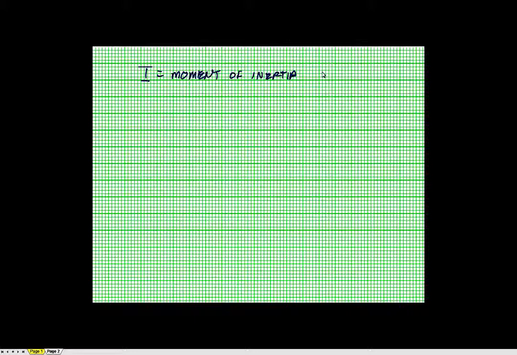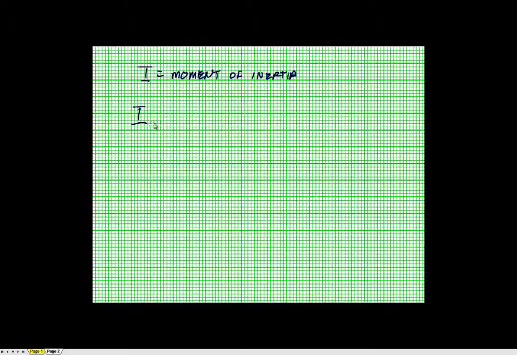So the moment of inertia, or I, is related to an axis, usually through the centroid of the shape. And it is the sum of products of the area times the distance squared. And the distance is the distance to the centroid.